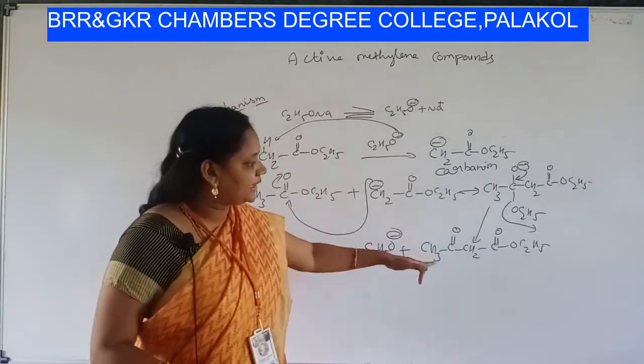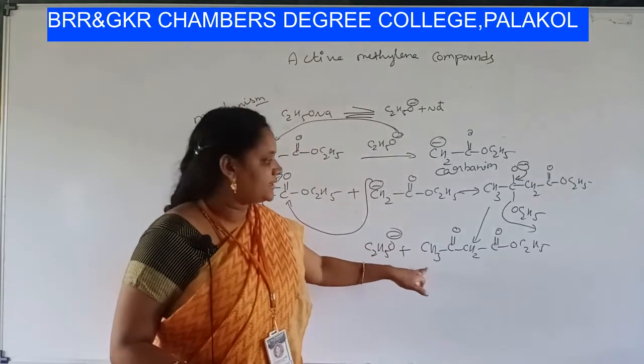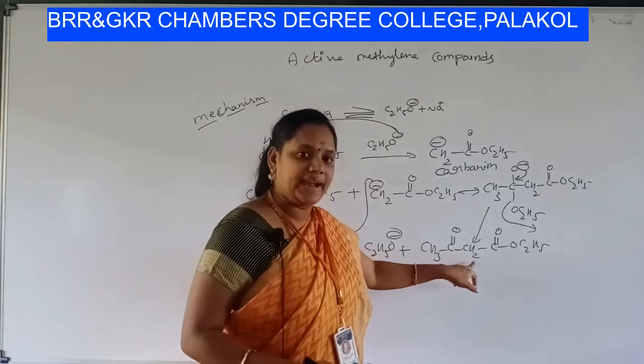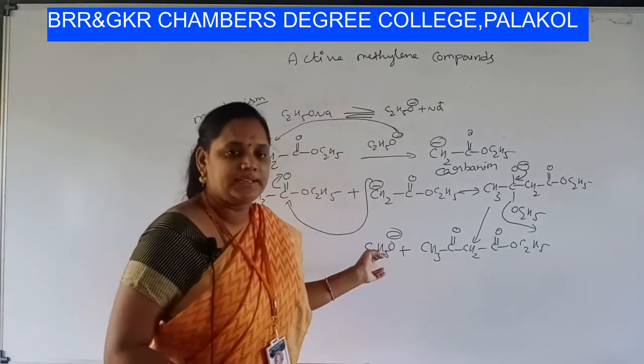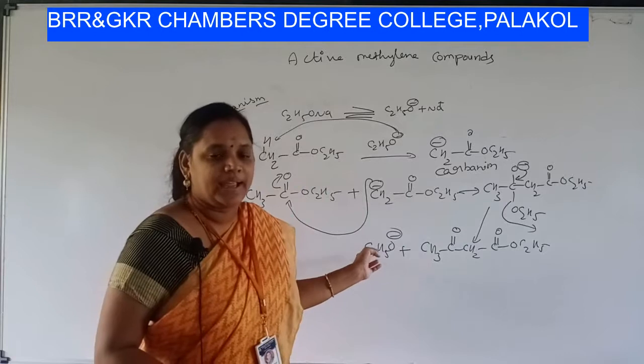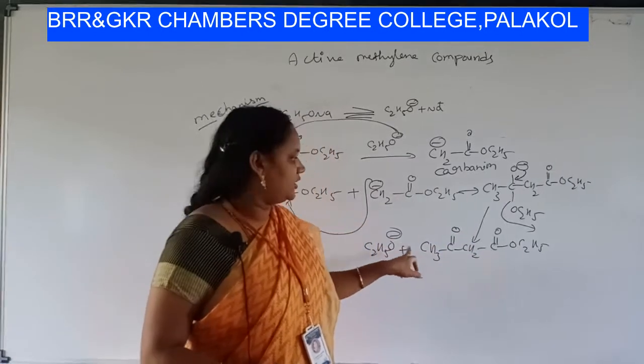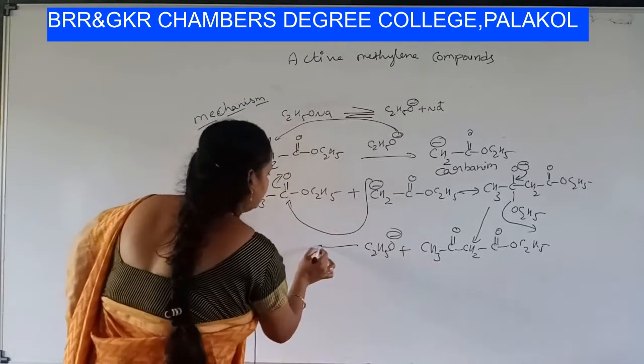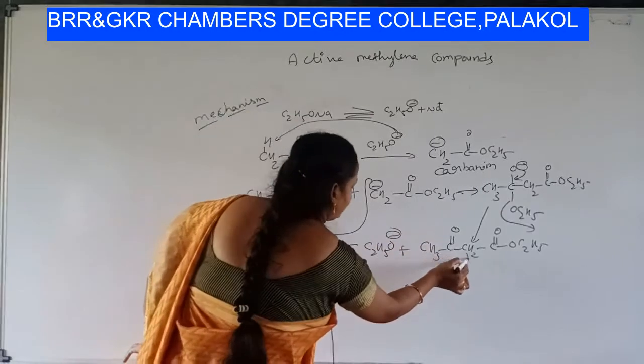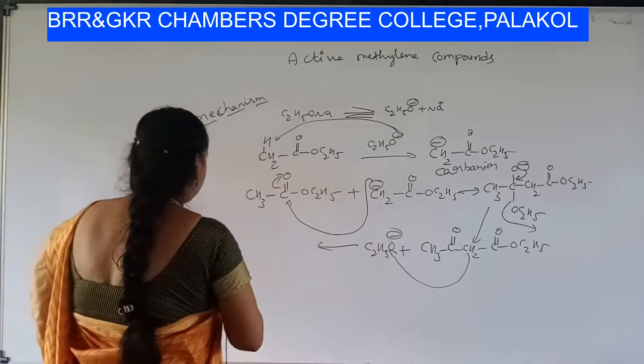The formed product is not stable here, since the CH2 group is an active methylene group and it is left over with an ethoxide ion, hence it readily donates its hydrogen as a proton to the ethoxide ion. So the hydrogen from here is donated to the ethoxide ion.